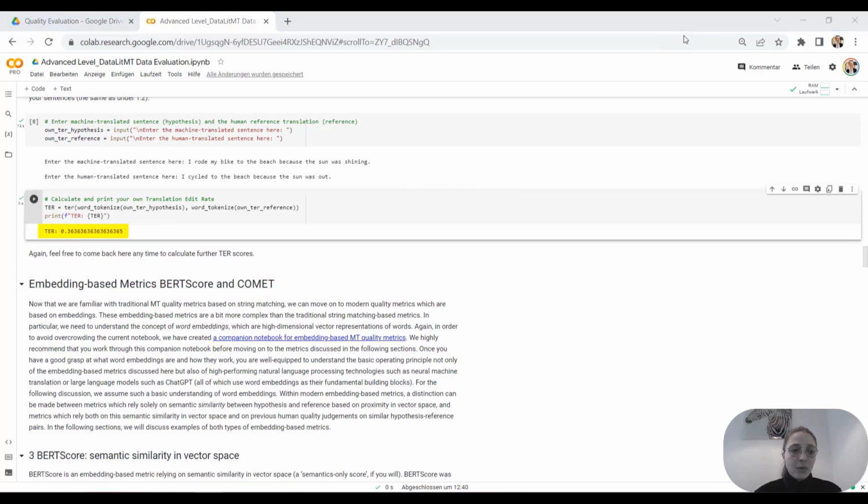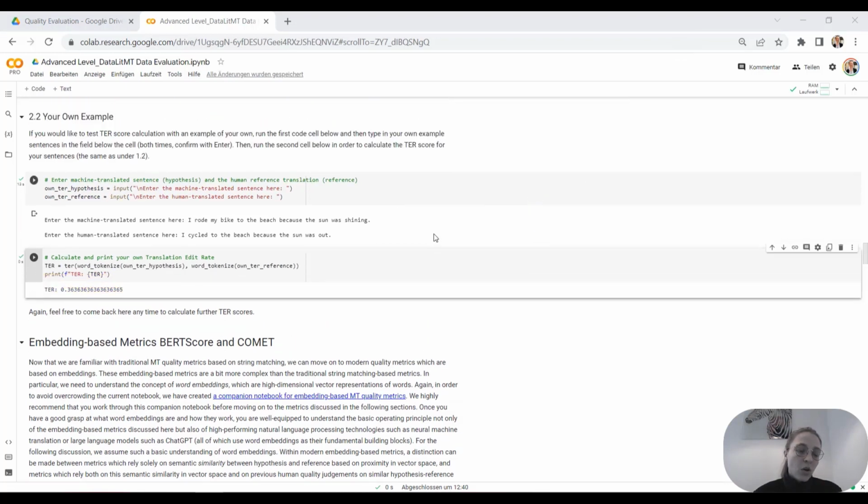And here we see that we get a value of 0.36. So this value is higher than the one we received above. And by looking at the sentences, even without going into too much detail now, we can already understand why we get a higher value here, so a lower quality, because we would have to do more in order to get from the hypothesis to the reference.